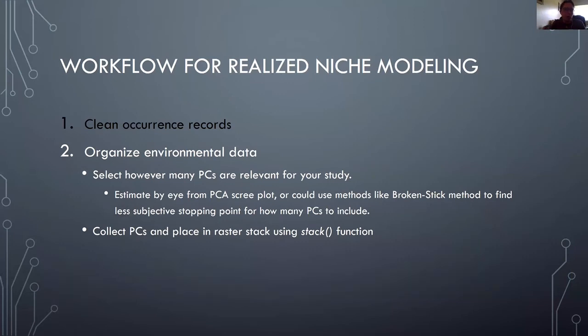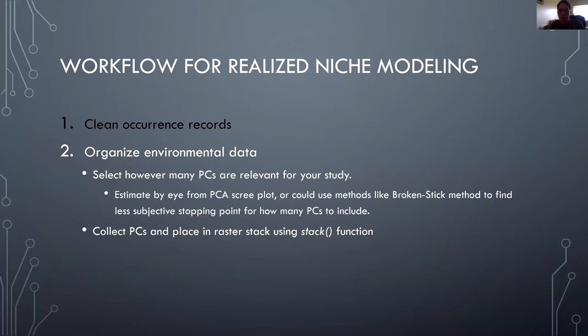And then you're going to be organizing your environmental data, typically through principal component analysis, which has been used fairly commonly throughout the literature for hypervolumes. And generally, each principal component that you go with is going to become a dimension in the hypervolume.